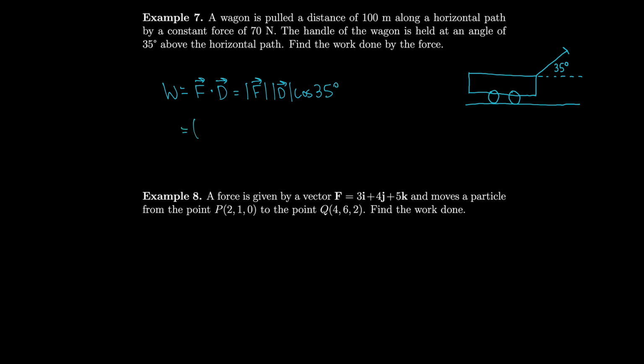So that's just 70 times 100, because they gave those to us, times the cosine of 35. And that's approximately 5734. And since we were multiplying newtons and meters, those are Newton meters, which is the same thing as joules. So we could say it's 5734 joules.